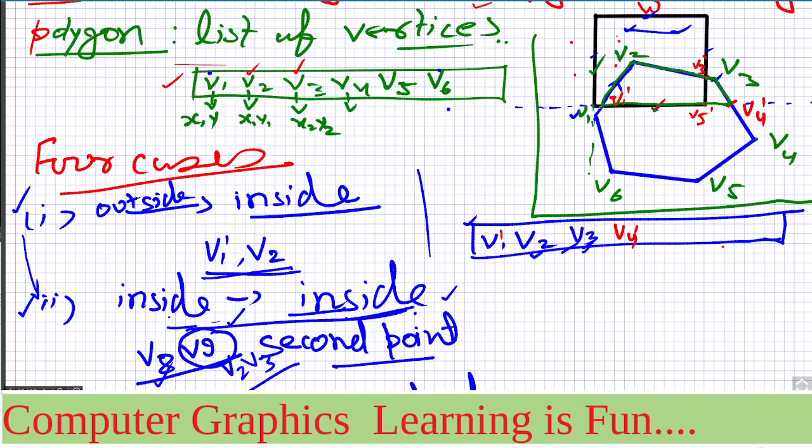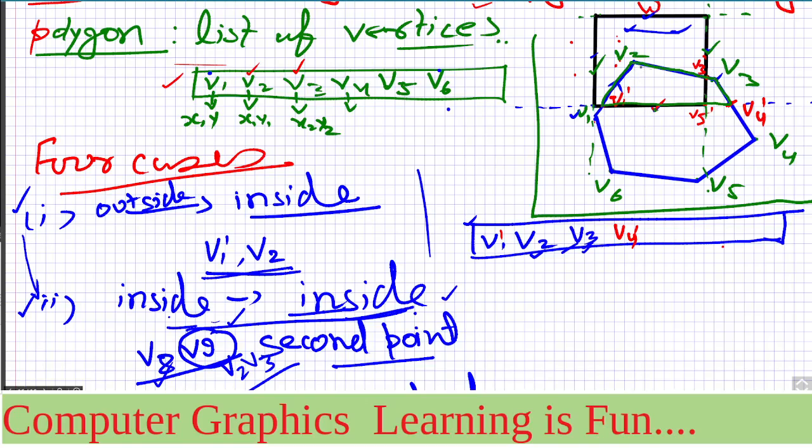If you see with respect to this left boundary, you will find all of these points, V1 dash, V2, V3 and V4 dash, to be inside. Similarly, if you consider this upper boundary, you will find that all of these four are inside the boundary. Now if you consider this right boundary, then you will find that these two points V1 dash, V2 are inside the boundary.